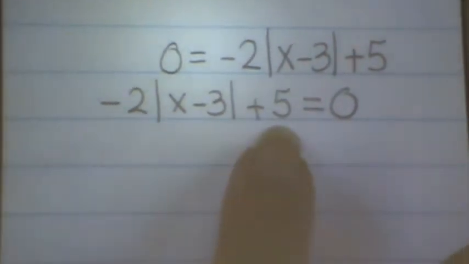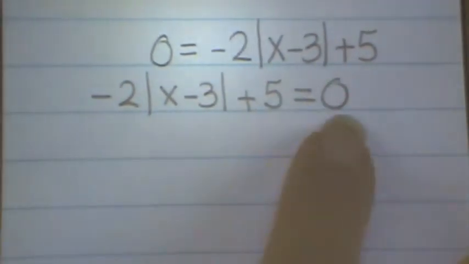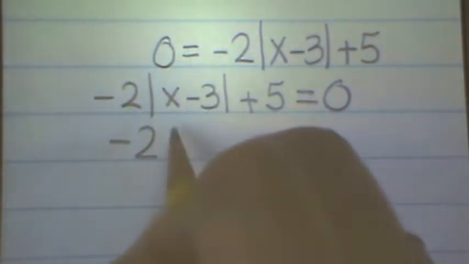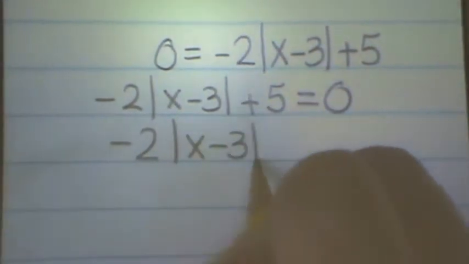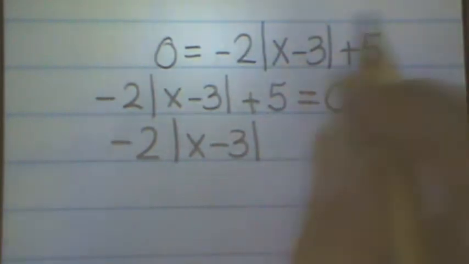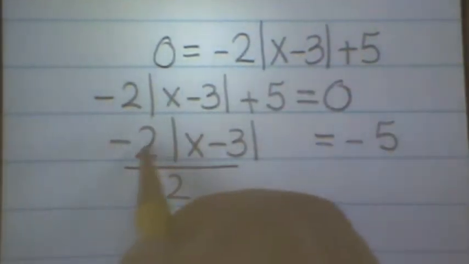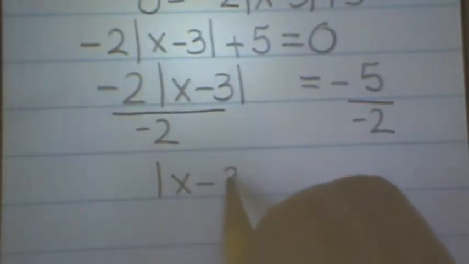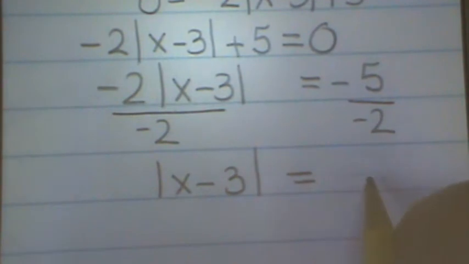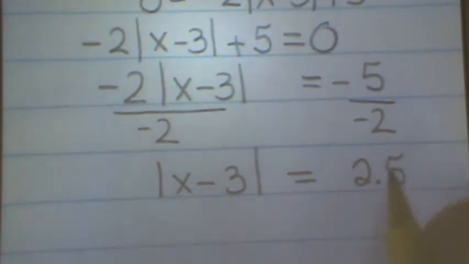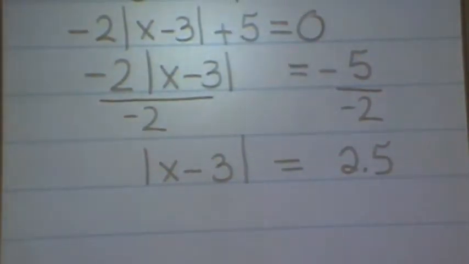So the first thing you want to do is get rid of this 5. Subtract 5. Then you want to get rid of this negative 2. Divide by negative 2. Please do not distribute that. So you have the absolute value of x minus 3 is equal to, I'm going to write this as 2.5. 5 halves is 2.5.